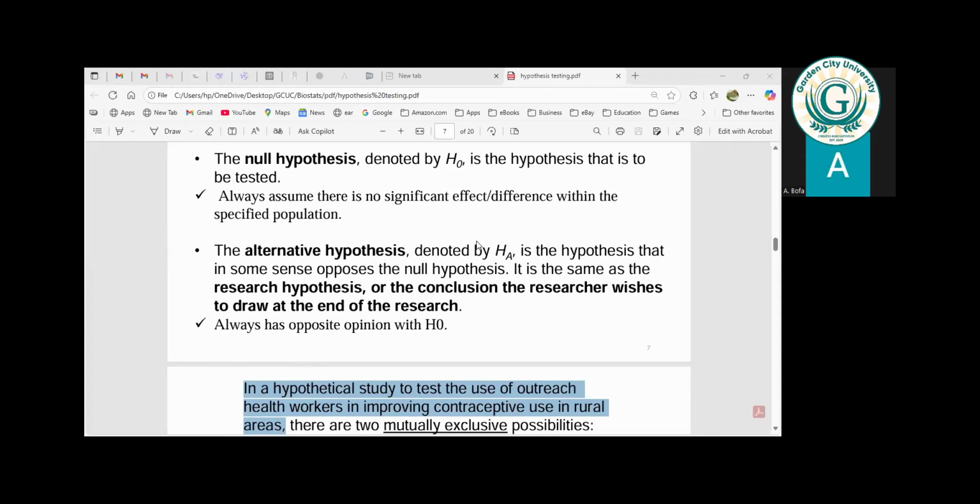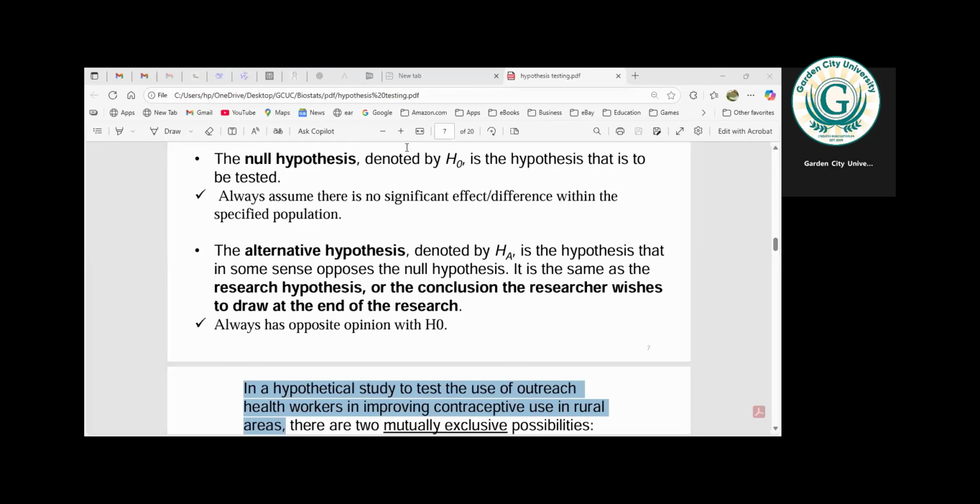If you can try the null and alternative, you raise up your hand and we call it.